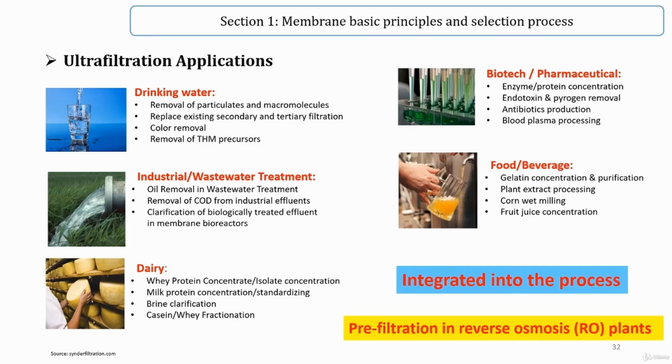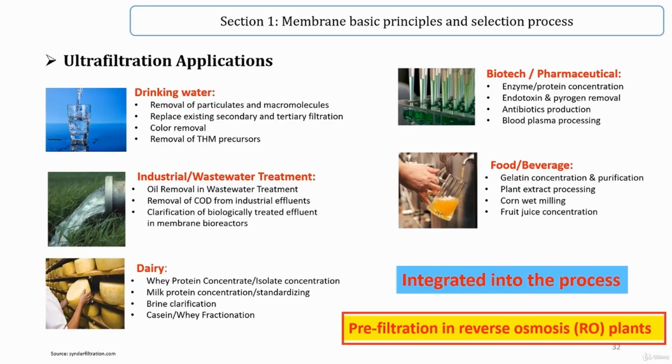When treating water with high suspended solids, ultrafiltration is often integrated into the process, utilizing primary treatment processes such as screening, flotation, and filtration, and some secondary treatments as pretreatment stages. In many cases, ultrafiltration is used for prefiltration in reverse osmosis plants to protect the reverse osmosis membranes.